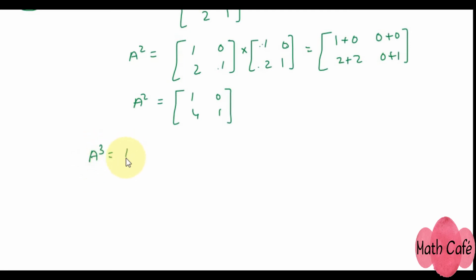All right, so let's find the value of A cube. A cube will be A square multiplied by A. A square is 1 0 4 1, and matrix A is 1 0 2 1.